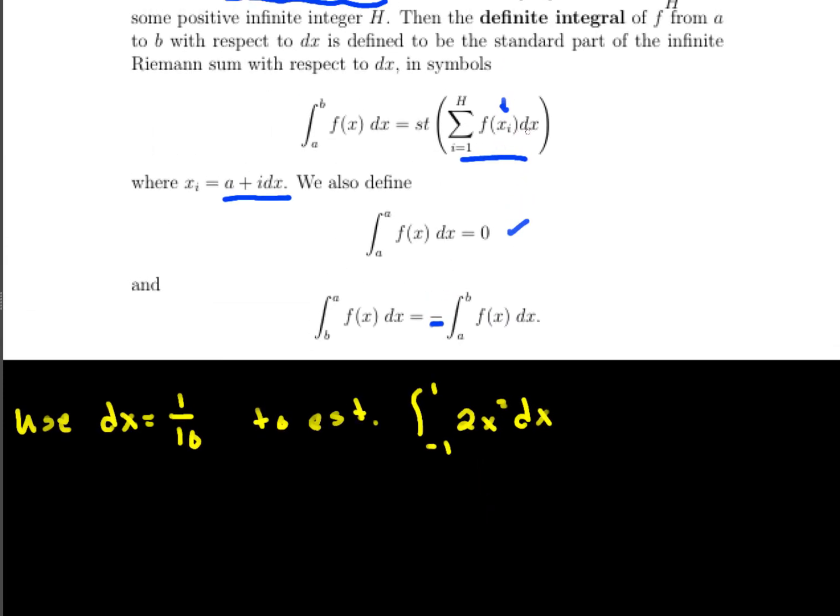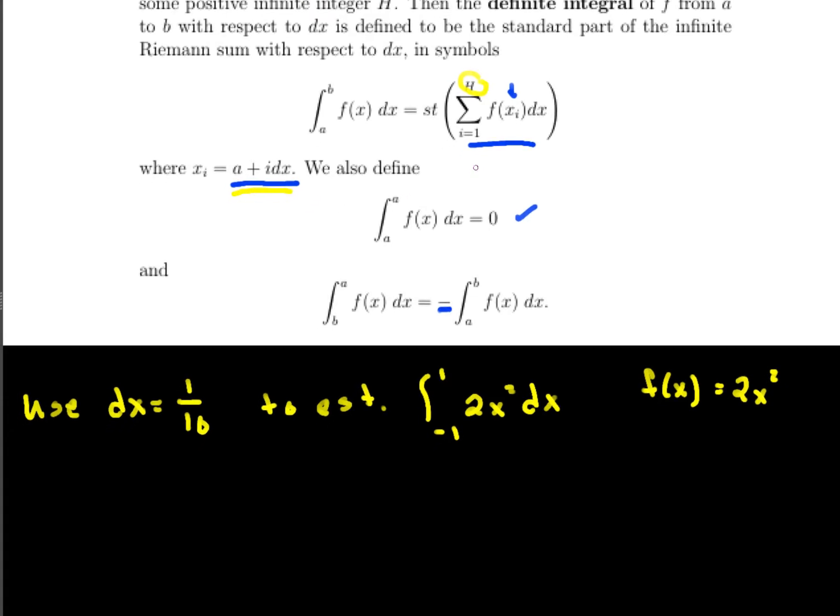So we've got our function. Our function f of x is 2x squared. We've got our dx, but in this sum, we need to figure out what our upper limit is. In this case, it's not going to be infinite, but we do need to know how many pieces we're going to add. And we also need to know how to define our input values.